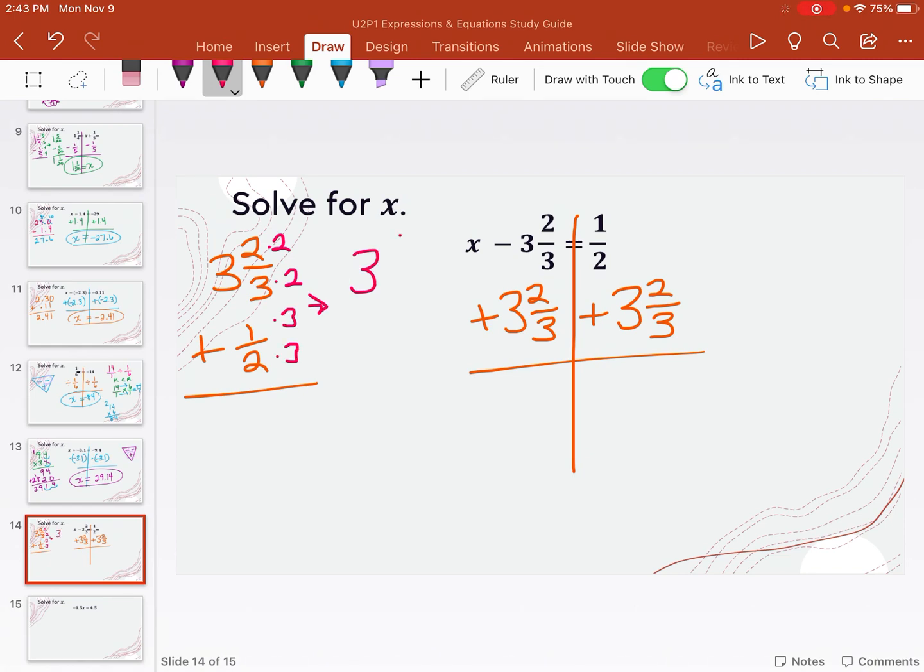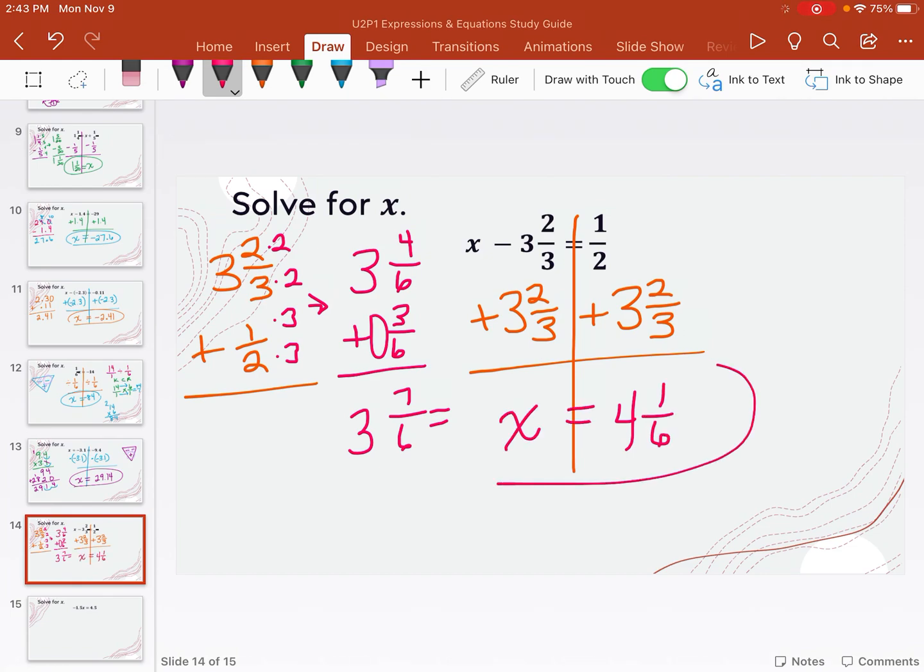So I've got 3 4/6 plus 3/6. 4/6 plus 3/6 is 7/6. 3 plus 0 is 3. And that's a mixed number and improper fraction all in one, so I do need to simplify it, which will give me 4 1/6 is equal to x.